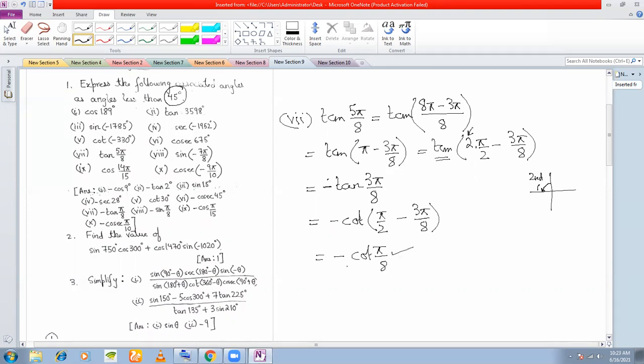So we had no other choice but to convert it to pi by 8, because the question here was to change it to an angle less than 45 degree. If nothing is mentioned, you stop here at tan 3 pi by 8. Next one.